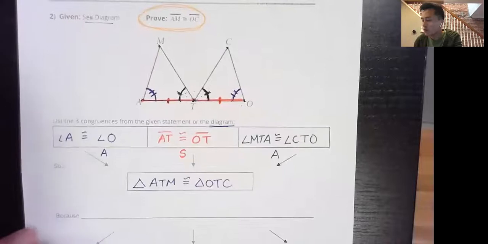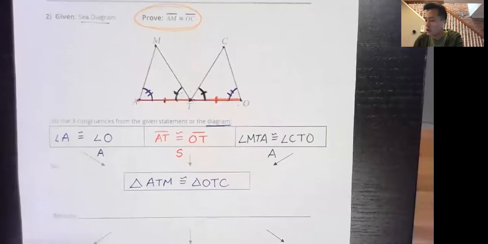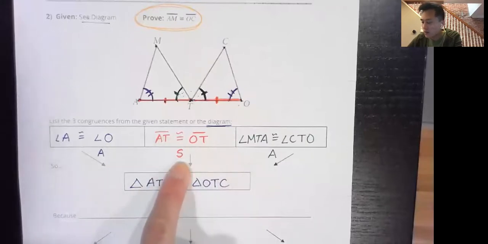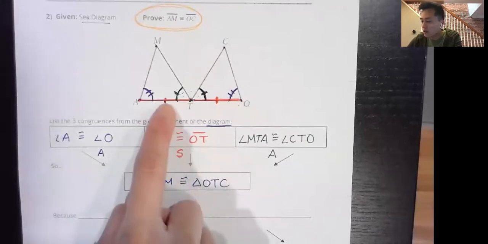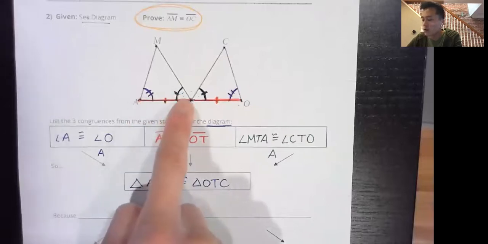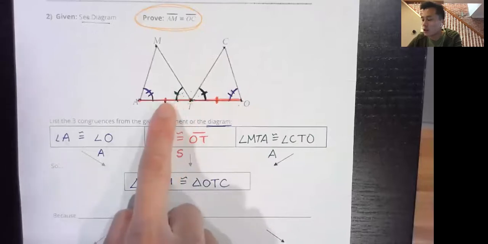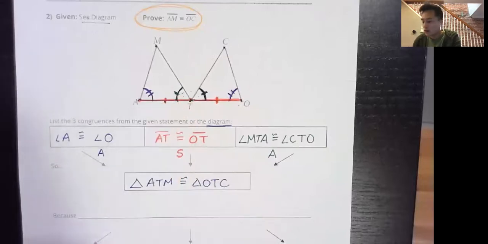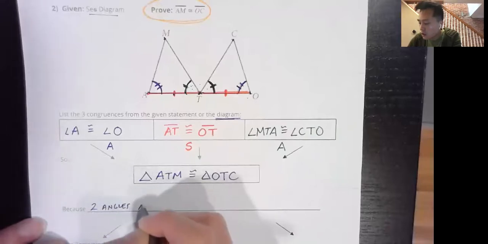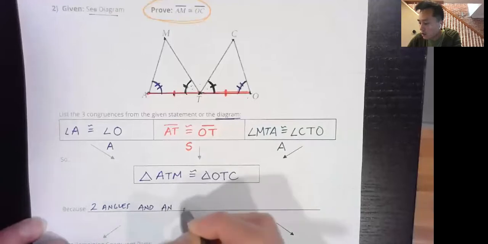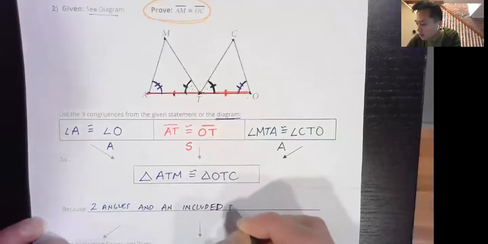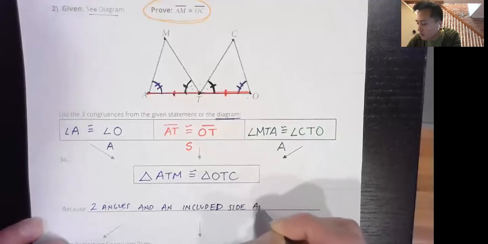And I know that they're congruent because, well, we said that they share the 2 angles and then the side. And since the side is touching the 2 angles, it's in between the 2 angles that are congruent, we're going to say 2 angles and an included side are congruent.